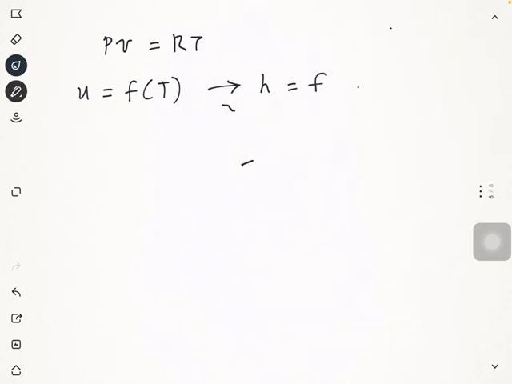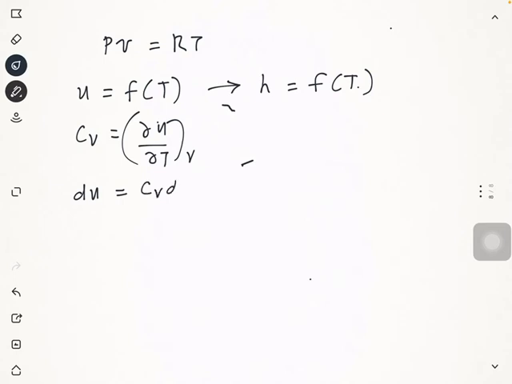So U and H are dependent on temperature only. So we can write CV as the exact differential of U with respect to temperature, considering constant volume process. So we have dU equals CV dT, and u2 minus u1 equals CV times T2 minus T1, considering state 1 as the initial state and state 2 as our final state.